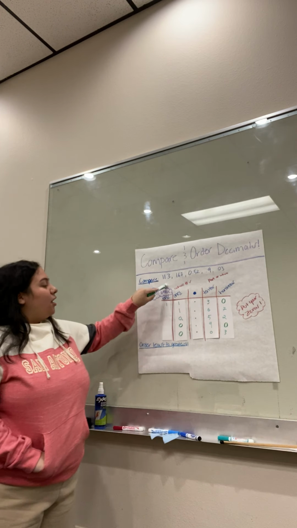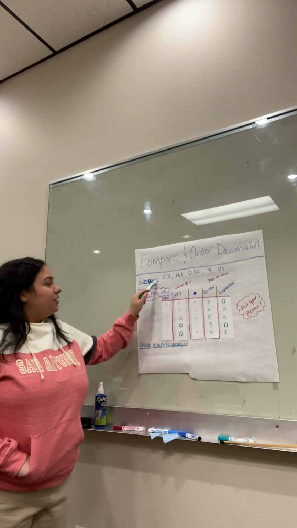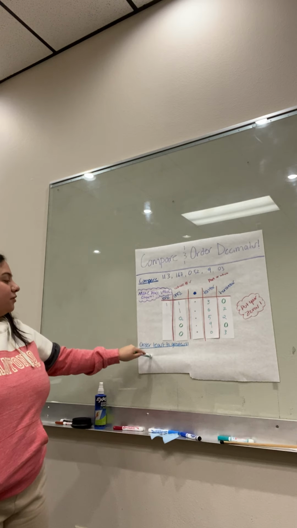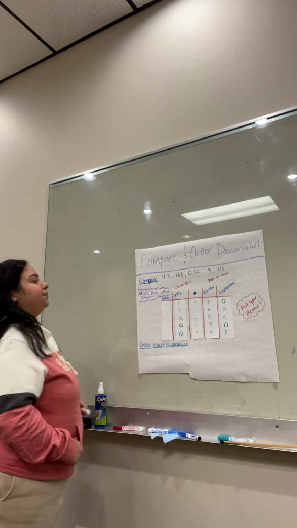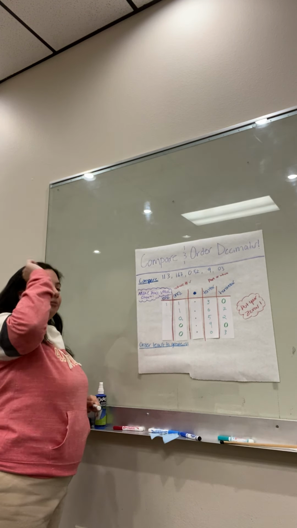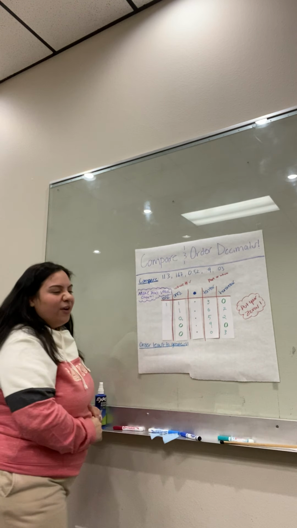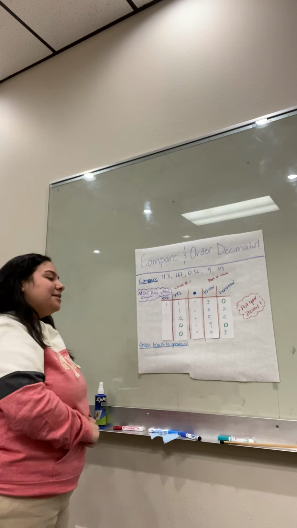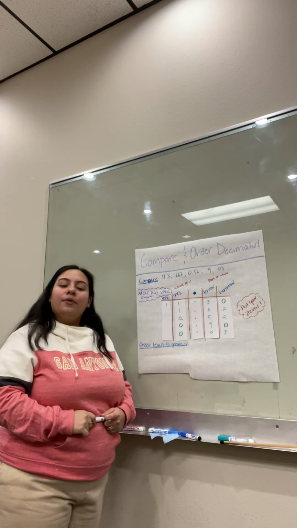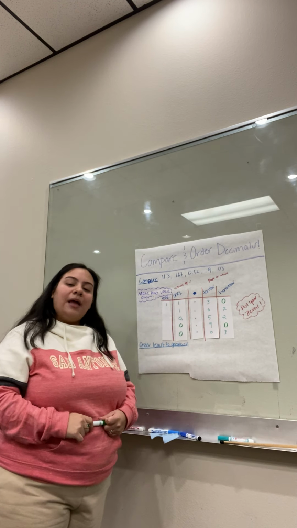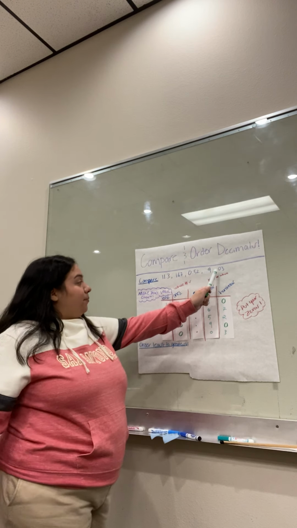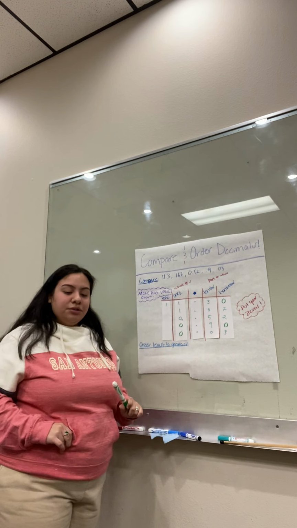Which one of these numbers should be first to represent our least? John, you think 0.9 should go first? I don't think that's it. Does anybody want to help him? Allie, do you think the 0.03 should go first? Why?